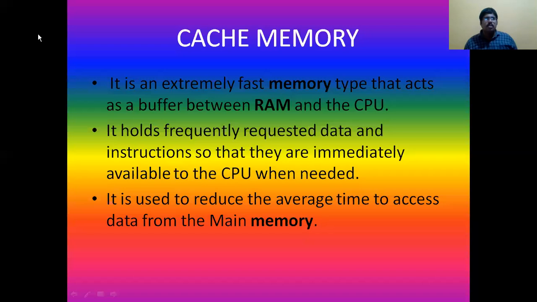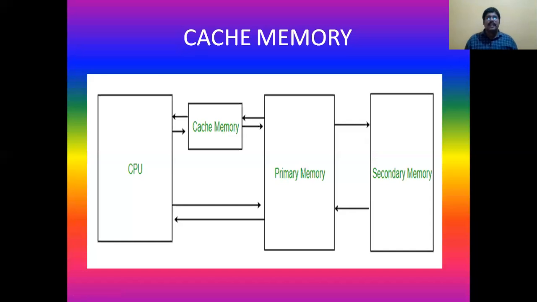So here also, the cache memory is nothing but the memory which is used very frequently. It is a very small memory. It consists of the data which the user is using very frequently. The advantage is that it is the fastest memory. In the next slide you can even see its diagram and where it is placed.